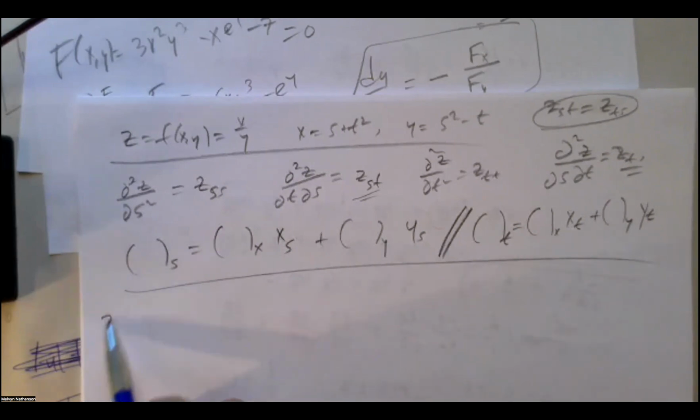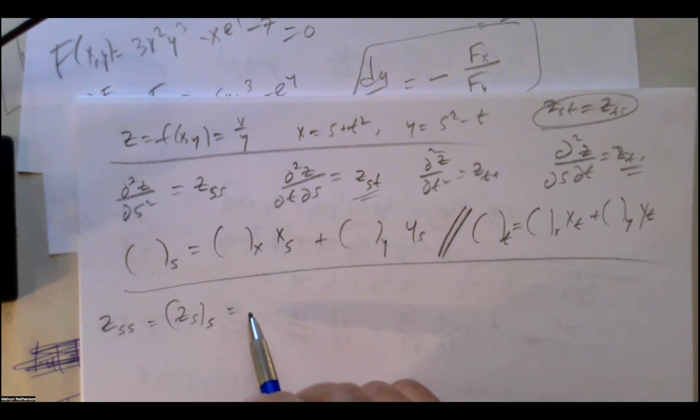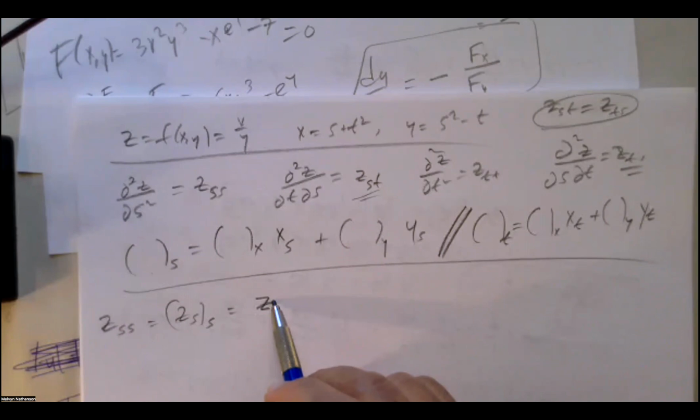So let's try to compute the second derivative of z with respect to s. So the derivative of z with respect to s, and then you differentiate with respect to s. What's the derivative of z sub s with respect to s? That's equal to, what is z sub s?